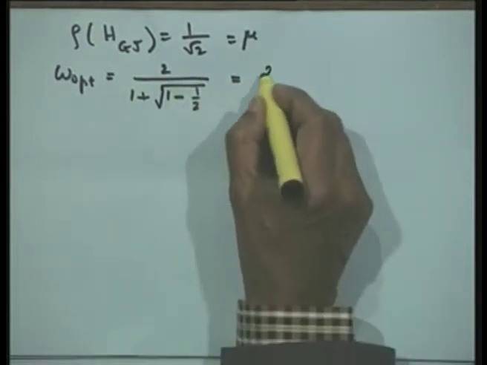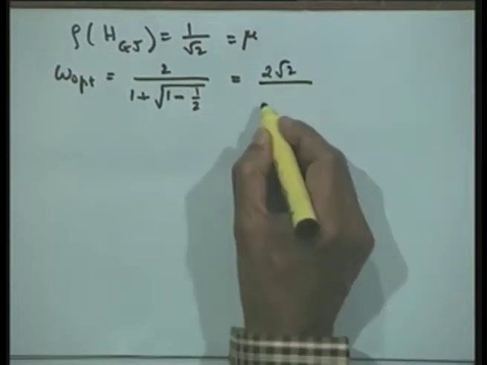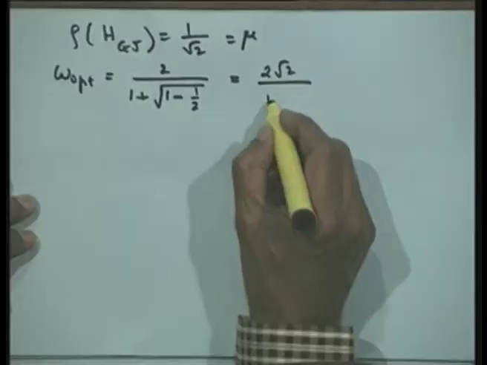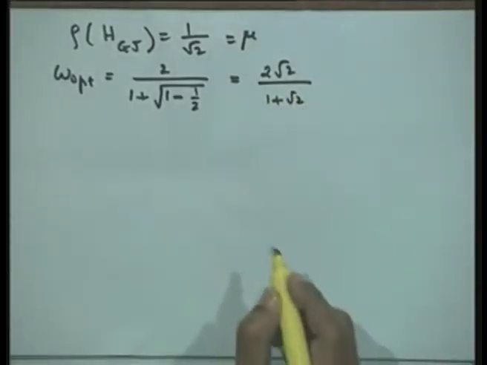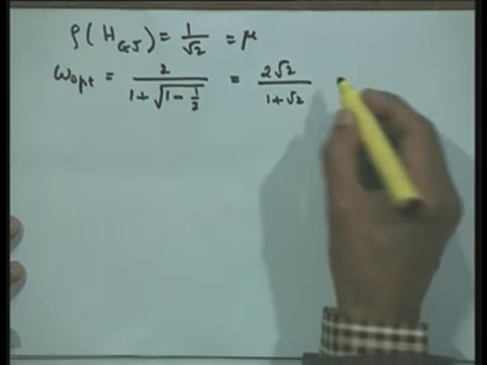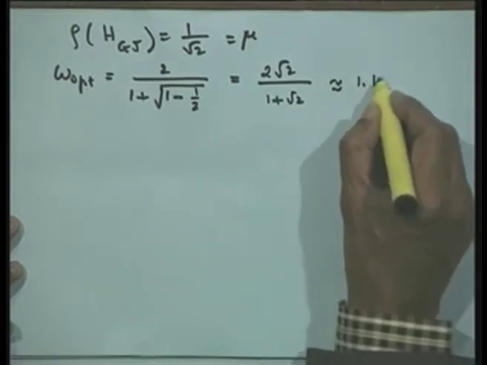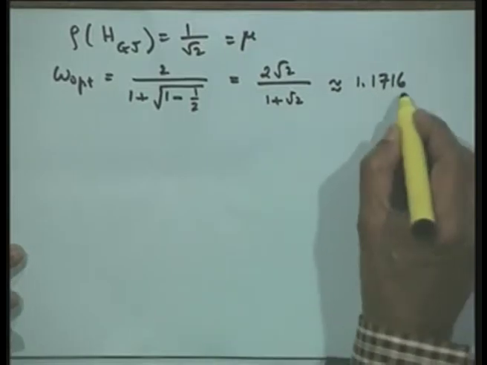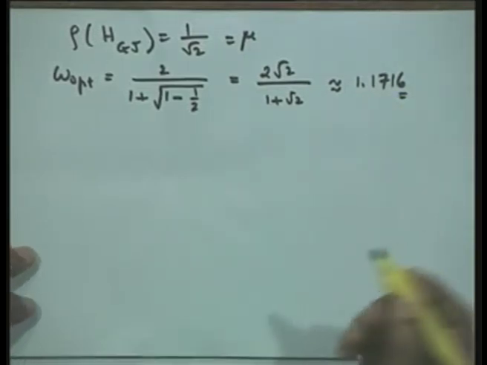So I will have here 2 times root 2 over 1 plus root 2, and this is approximately 1.1716. I have rounded it off to the next digit. So this last digit I have rounded to the next figure.